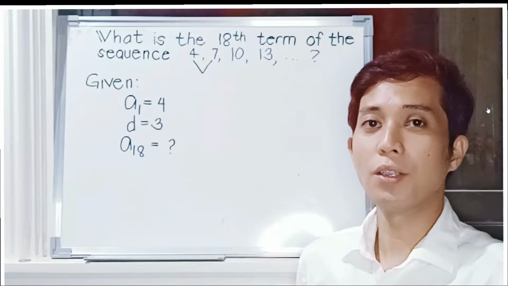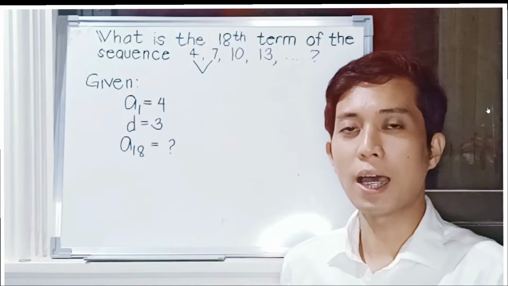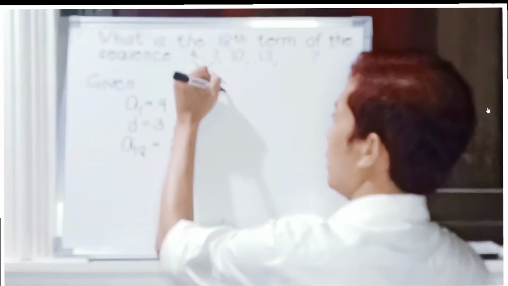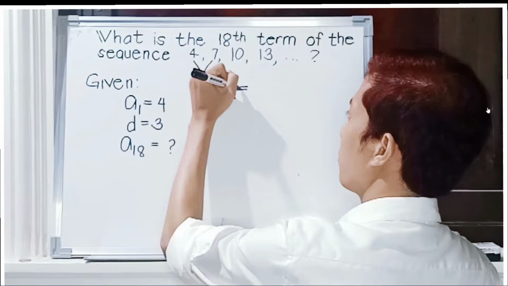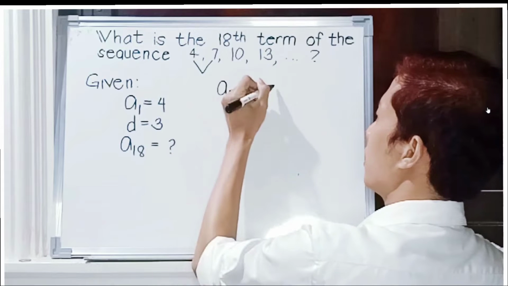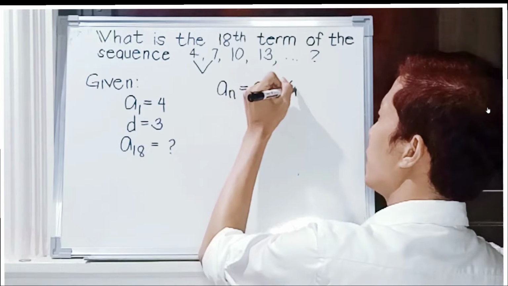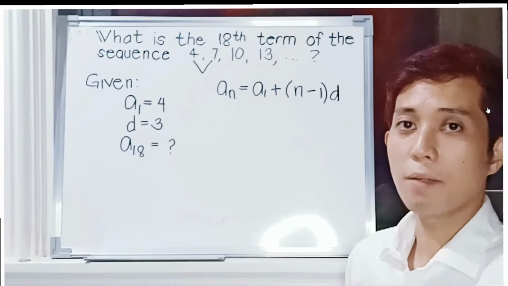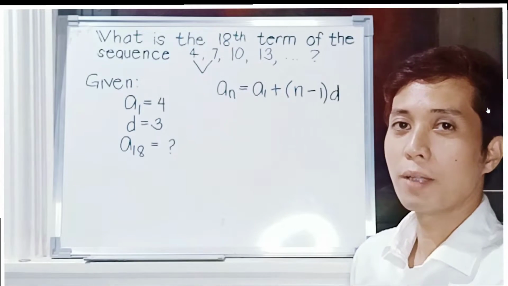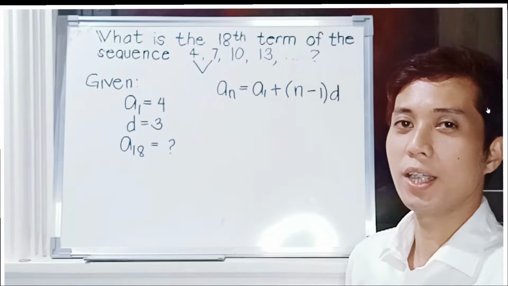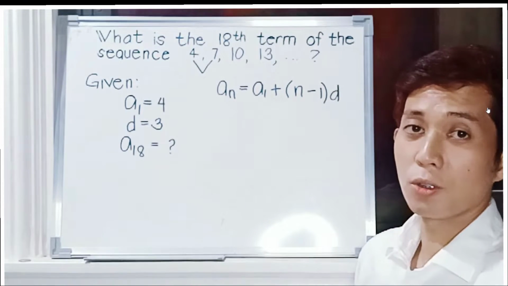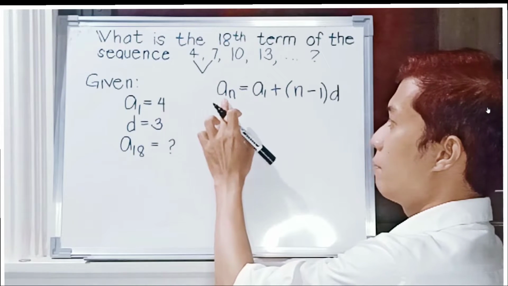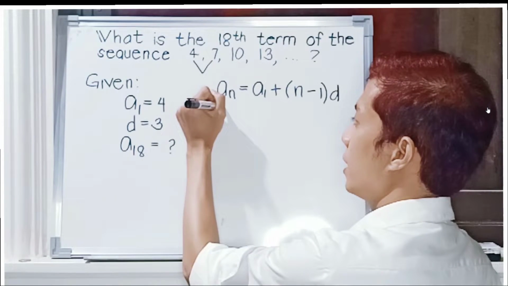Now let's write down our formula. What is the formula for arithmetic sequence? Our formula is a sub n is equal to a sub 1 plus quantity n minus 1 times d. Again, that's a sub n is equal to a sub 1 plus quantity n minus 1 times d. So let us substitute the given values. We are looking for a sub 18, so this will be replaced by a sub 18.